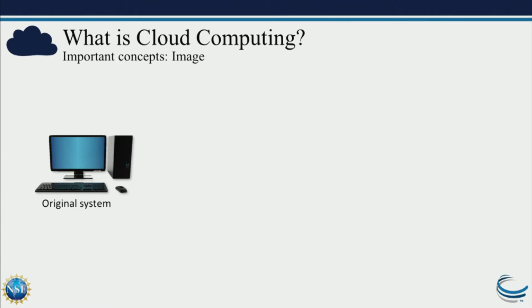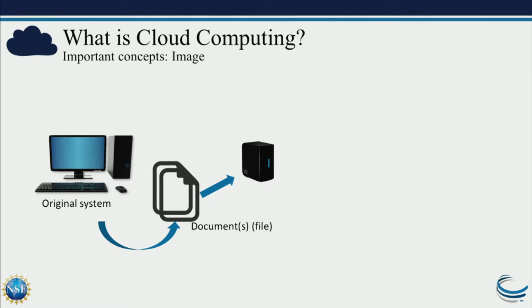The first is the concept of something called an image. What is an image? Well, let me use an analogy. I'm sure most of you have bought a computer and you have an old computer and you want to take files from the old computer and put them onto the new computer. So in order to do that, you take the original system, you copy those files or documents onto a backup hard drive.